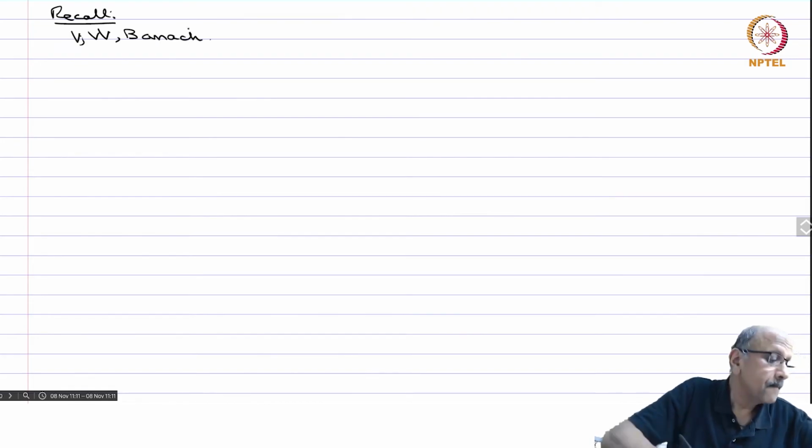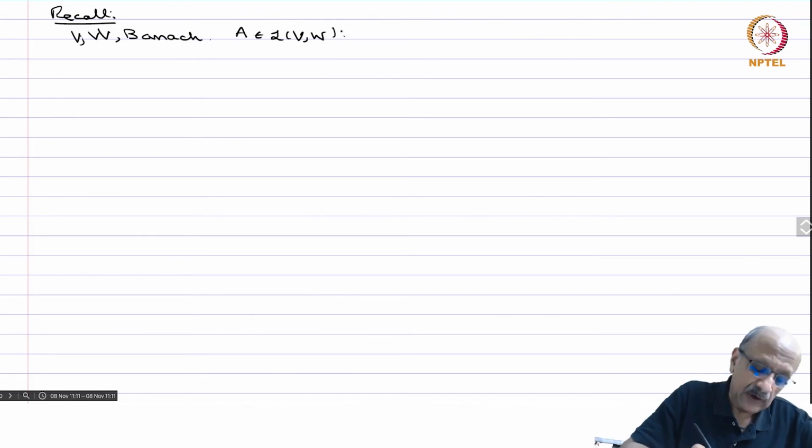Okay, so if V and W are Banach, so recall, and A belongs to L(V, W), then we showed that N(A) is range of A star perp, and N(A star) is range of A perp.